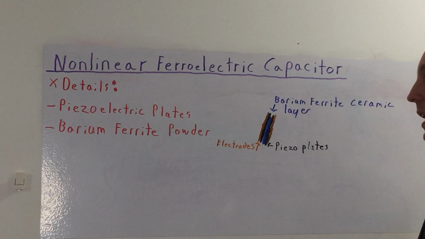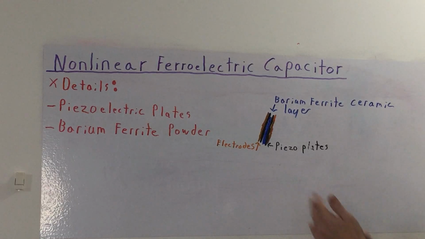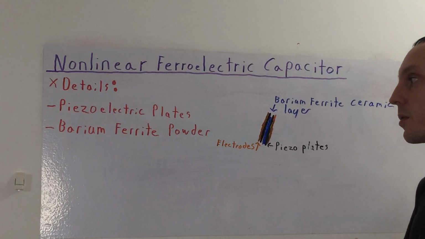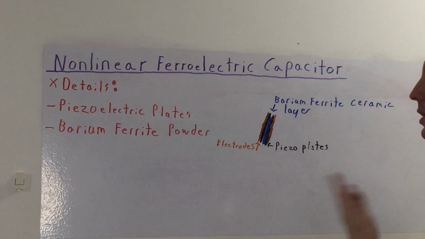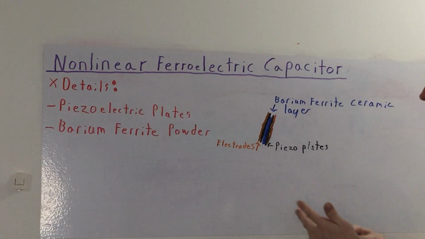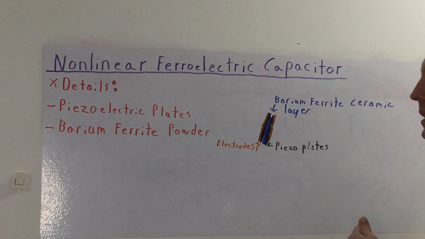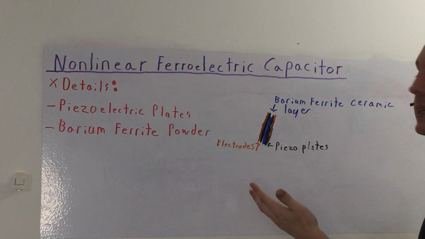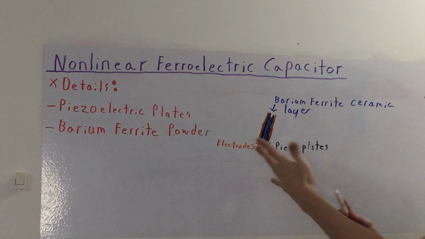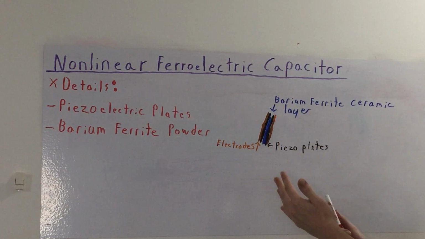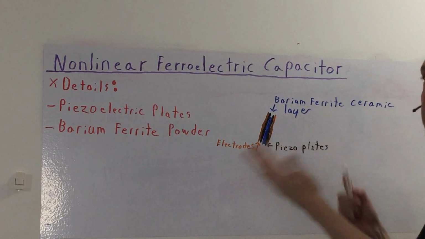Different materials, for example, could be used to tune the capacitor to specific requirements. For instance, the barium ferrite might provide the desired ferroelectric hysteresis loop that we need for a certain circuit, while the piezoelectric plates might be selected for their specific response to an electric field or a mechanical feedback.